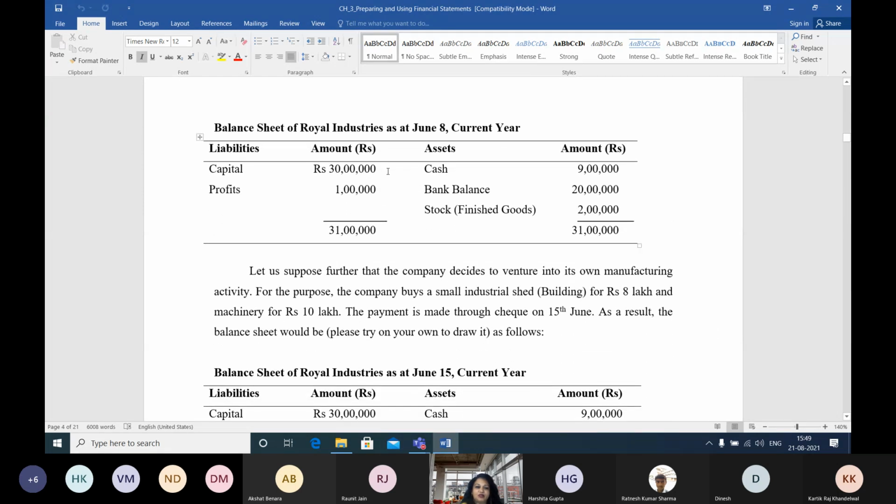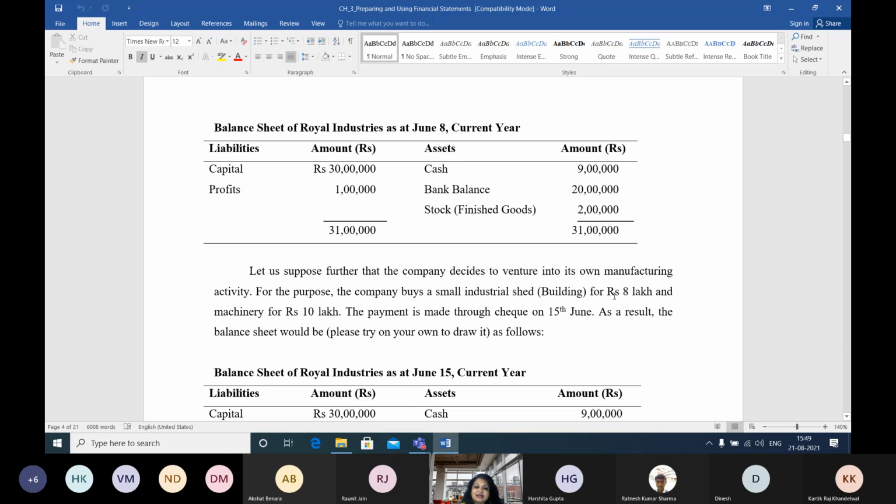Profit will be shown on the liability side, because this money again belongs to the owners. Cash now has increased to 9 lakhs. The bank balance remains the same and the stock of finished goods now gets reduced by 4 lakhs, so we only have 2 lakhs. Again, you can see that the balance sheet is tallied.